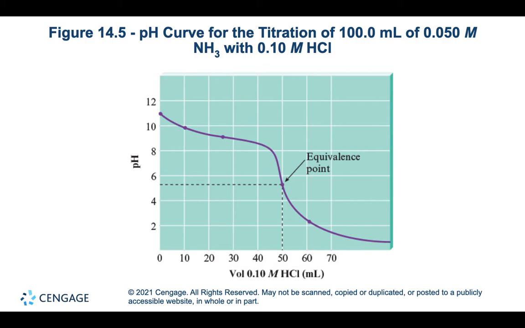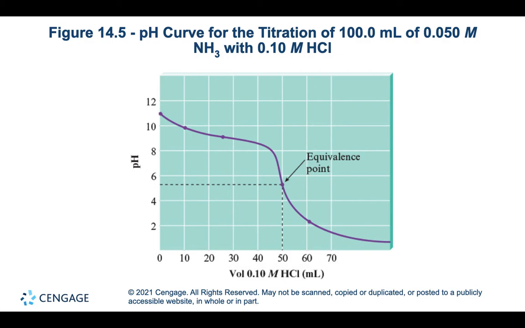And so you see this is maybe a mirror image, an inverted image, of what you would look at for a weak acid and strong base. This is a weak base with a strong acid. Notice your equivalence point is below 7.